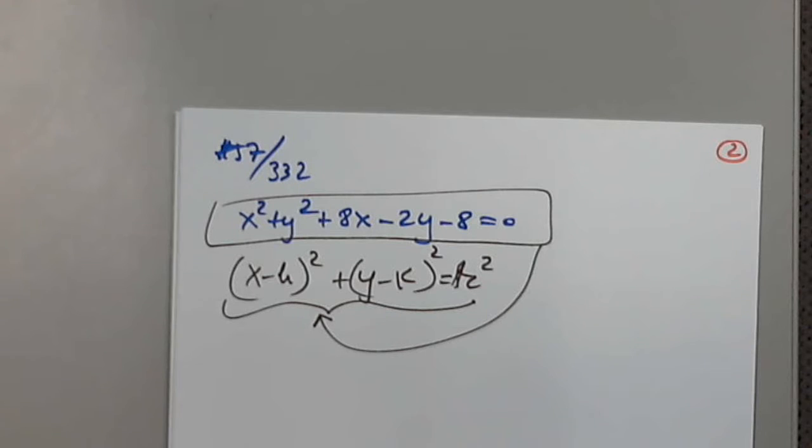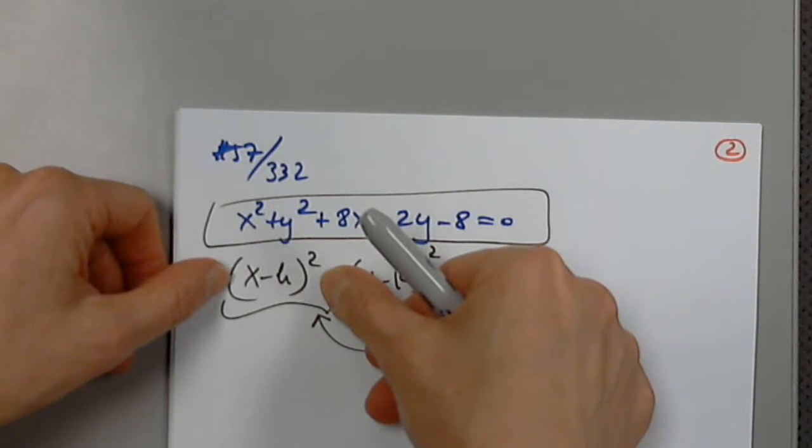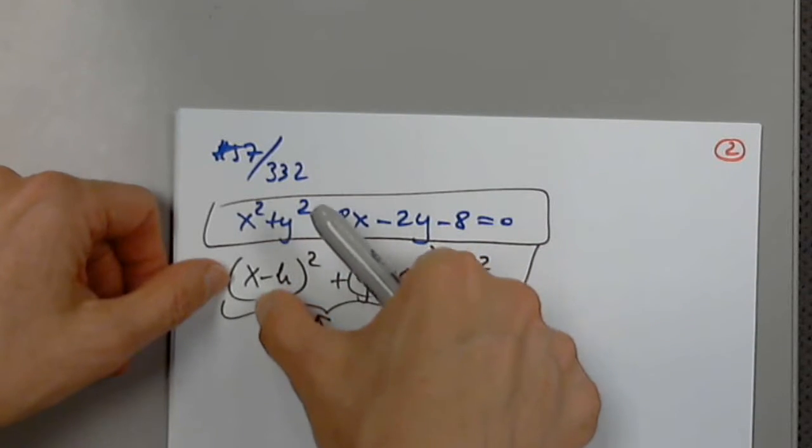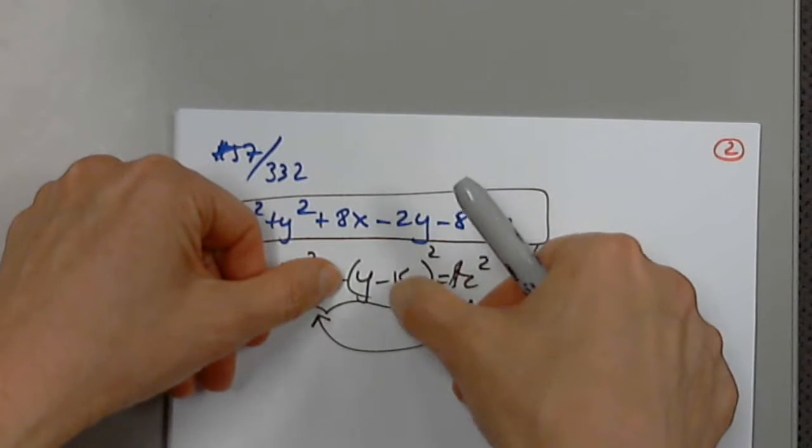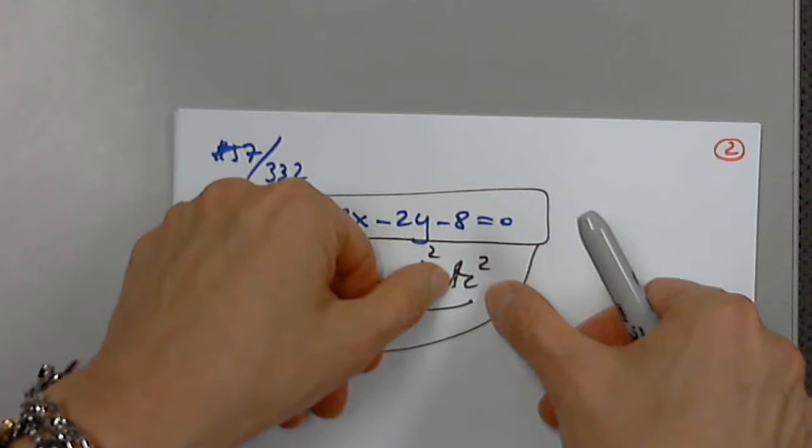So what will I have to do? As you see, this is a perfect square with a number and just x. This is a perfect square with a number and just y. And this is a number.